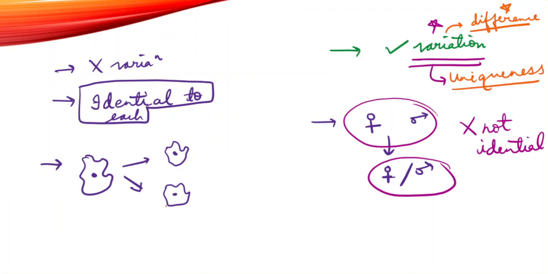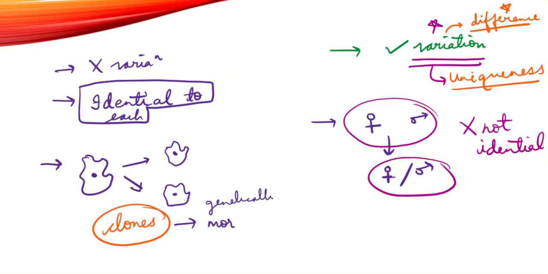But here there will be no difference, so we say they are clones. Clones means they are genetically and morphologically identical.